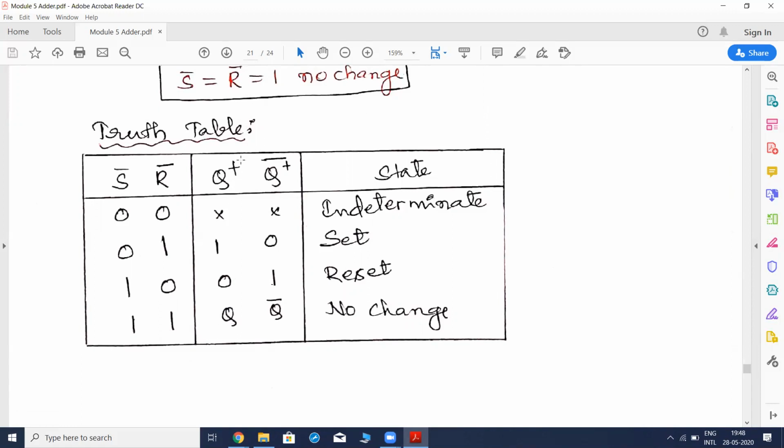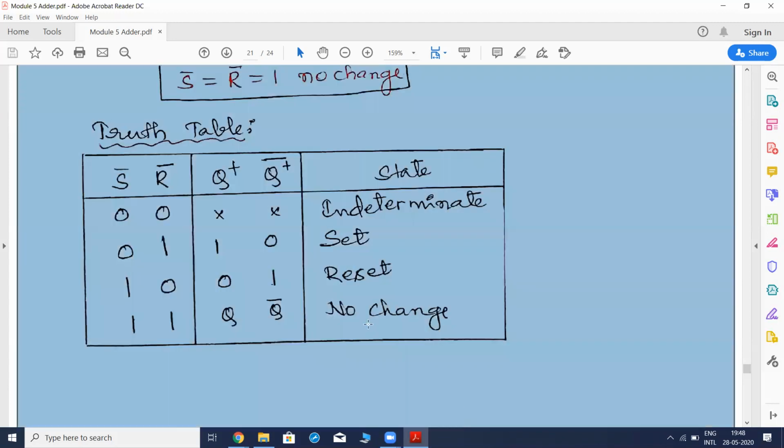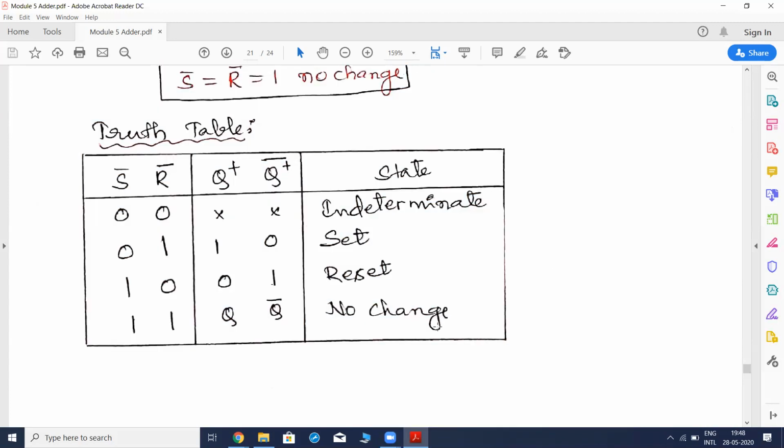That means for this input, the present state is retaining the previous one only. That is the meaning of Q and Q bar. That means there is no change in the state of the latch.